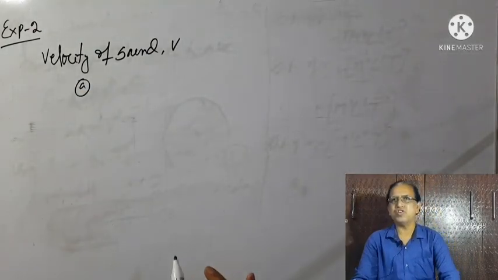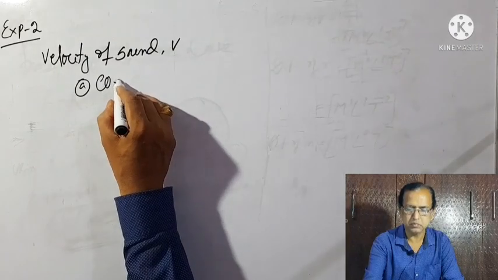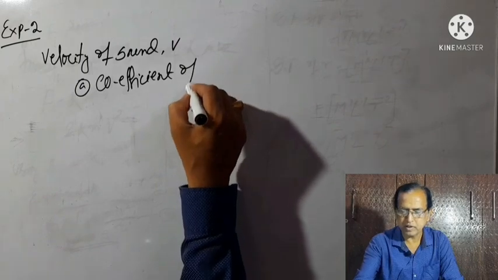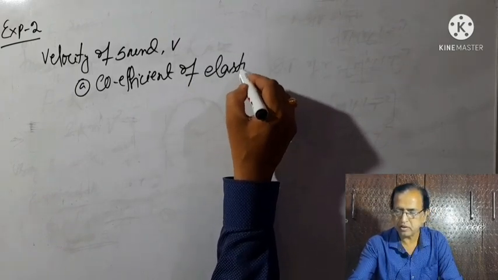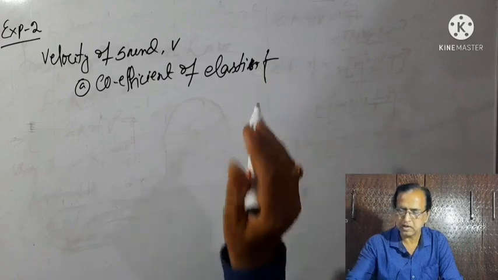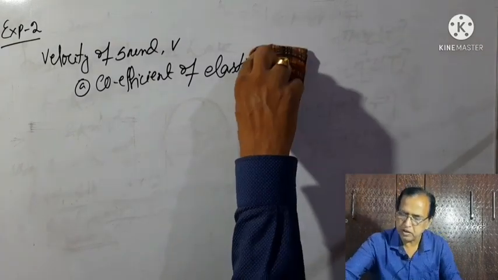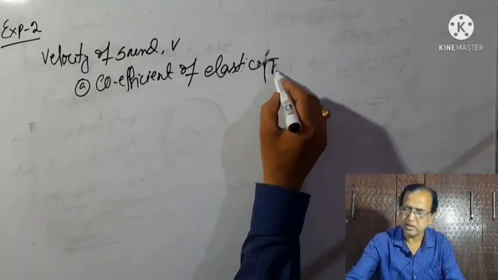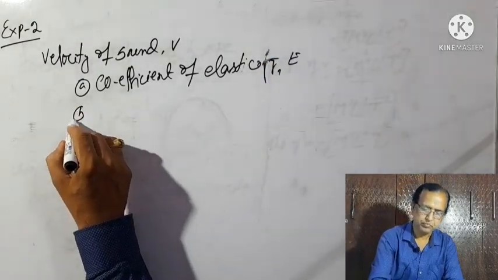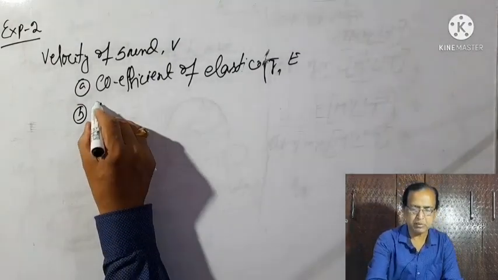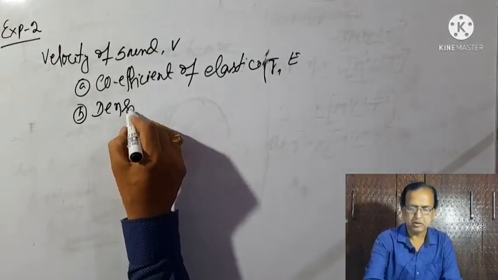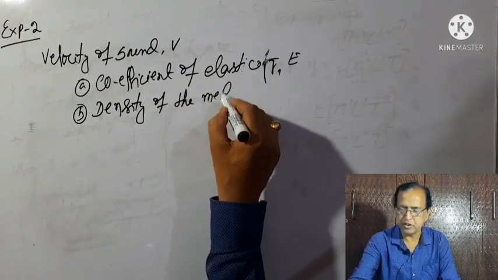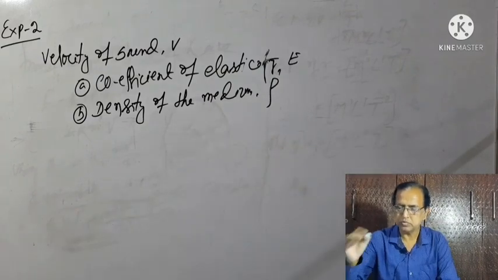A, coefficient of elasticity, E. Number 2, density of the medium, rho.